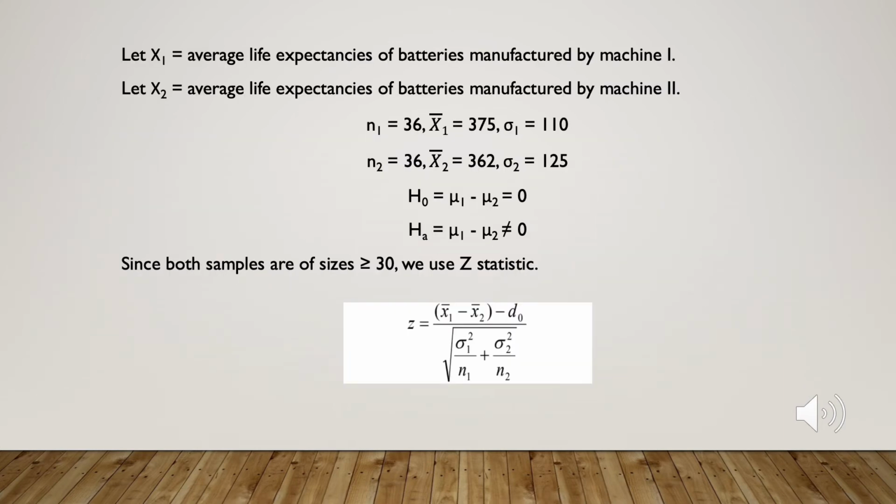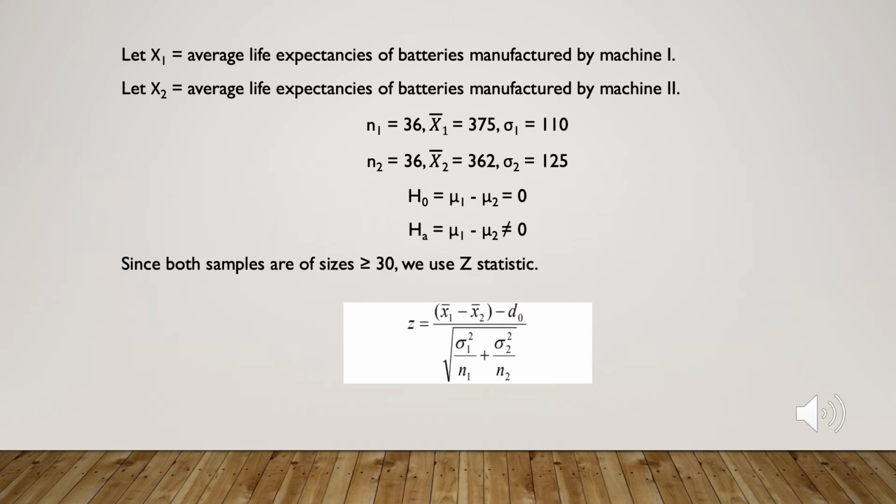So first, we let X1 be the average life expectancies of batteries manufactured by machine 1, and let X2 be the average life expectancies of batteries manufactured by machine 2. And we have n1 equal to 36, x bar 1 equal to 375, and sigma 1 equal to 110.